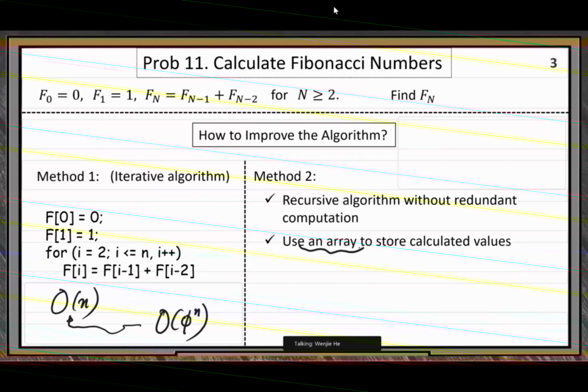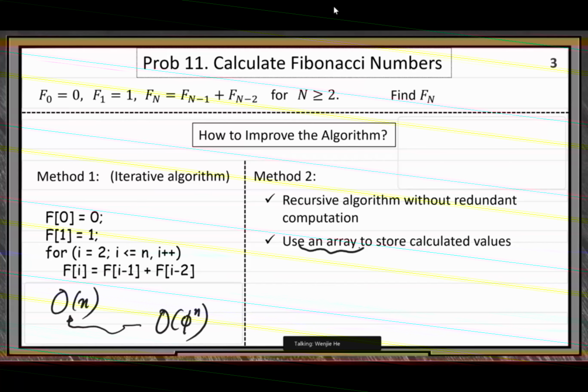In that way, you can eliminate redundant calculation. That's simple. So make sure that no value is calculated more than once. Each Fibonacci number, you want your algorithm to guarantee that it is only calculated once.